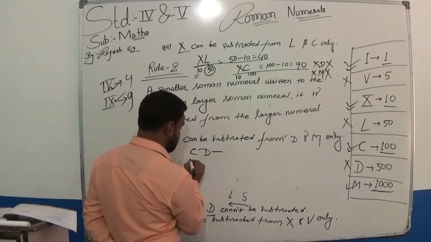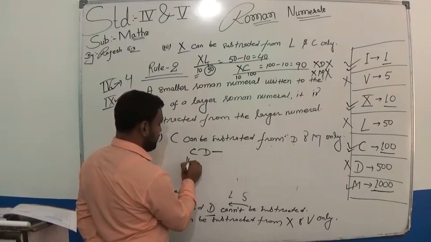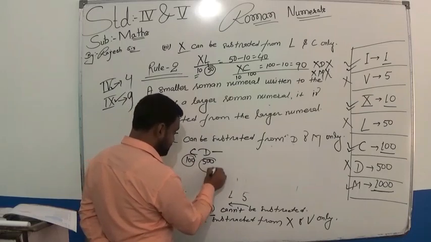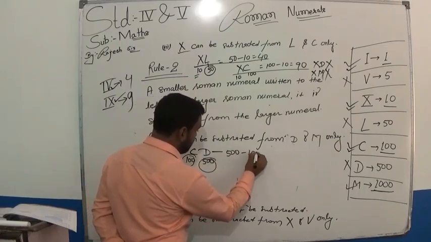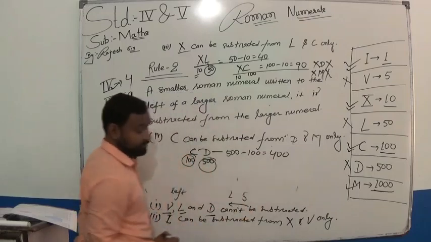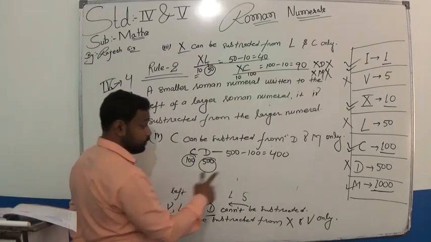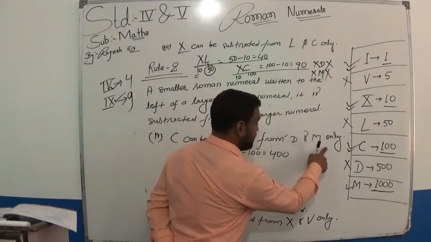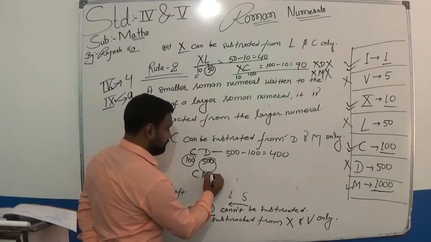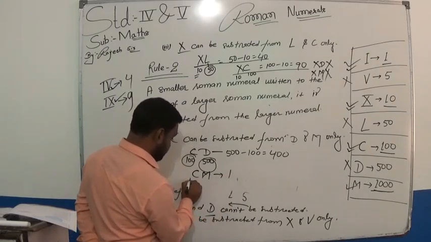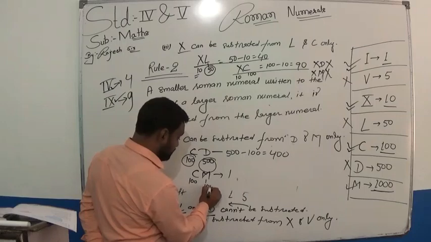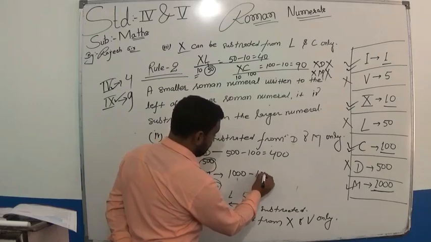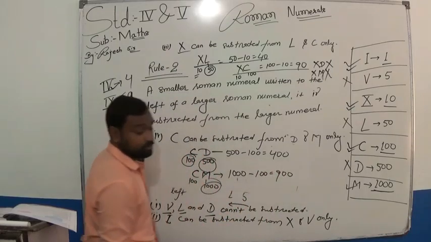CD means C for 100 and D for 500. It is smaller, it is larger, that's why 500 minus 100, it becomes 400. Next, we can write CM. C for 100 and M for 1000. This is the larger, so 1000 minus 100, it will become 900.